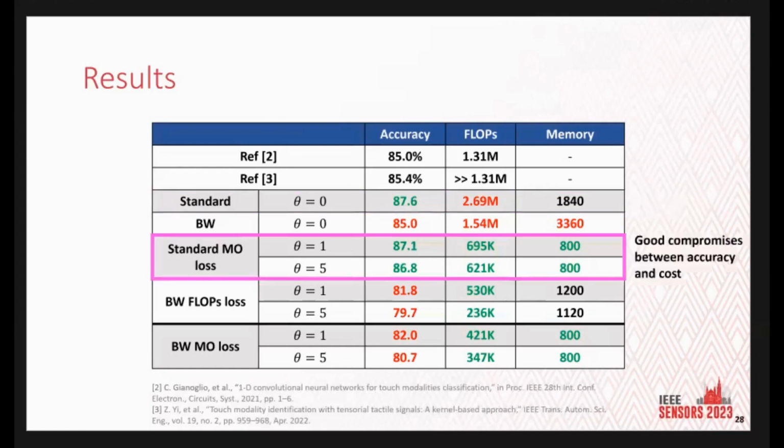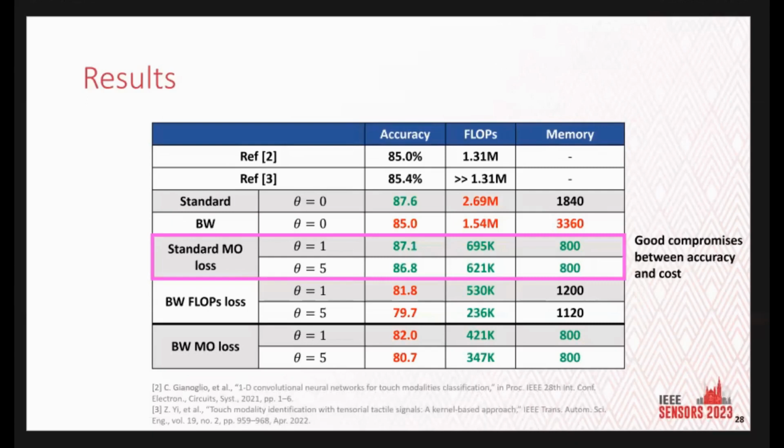Instead, the one that is highlighted now corresponds to the standard network with the memory occupation loss, with theta equal to 1 and theta equal to 5. So it means that the computational cost is important, especially with theta equal to 5. And we can see that this one is a good compromise because we have slightly lower accuracy with respect to the standard network with theta equal to 0, but the number of flops is also lower than that one, and lower than the ones in the state of the art.